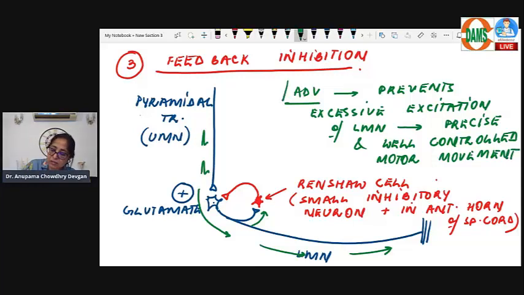This is the advantage. So this is what is known as feedback inhibition, right?